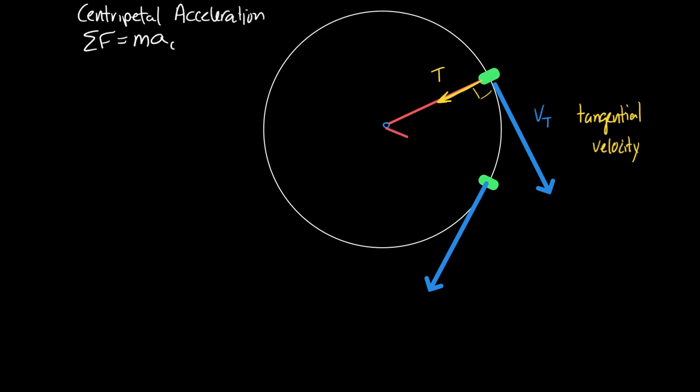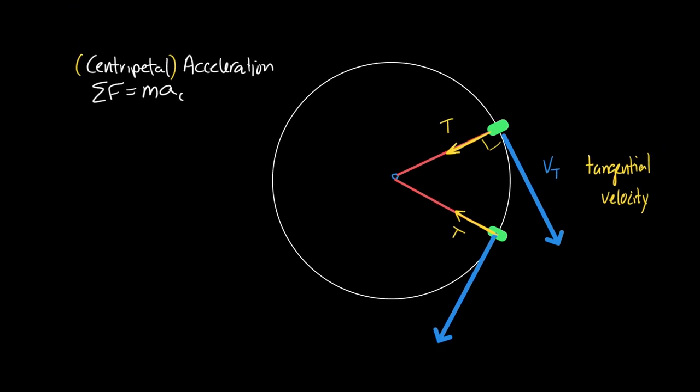And the only way that it could continue to do so is if the tension also changed direction to stay perpendicular to the velocity. In the case of the stopper and the string, that meant that the string always had to pull towards the center of the circle. That's why this is called a centripetal acceleration.